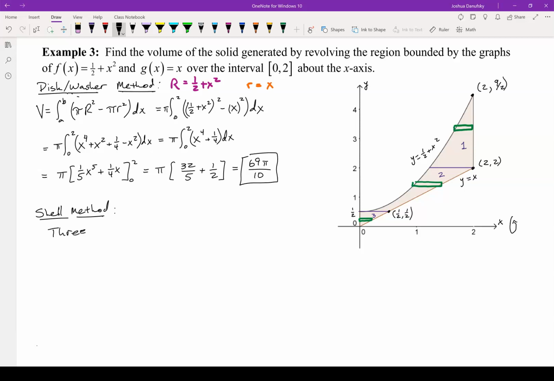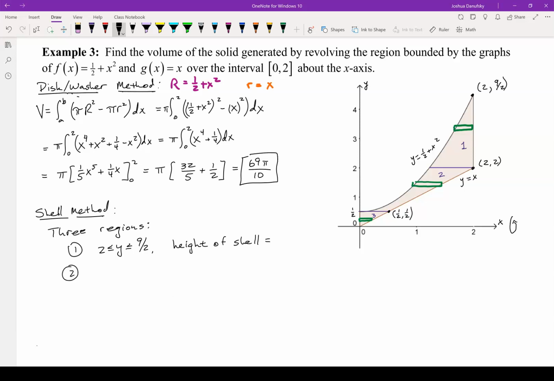So our 3 regions will be: region 1, y values ranging from 2 to 9/2, and we're going to have to figure out the height of those shells.